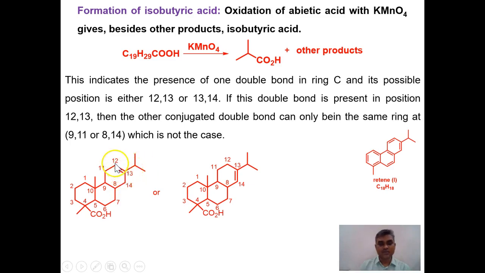One can put the double bond at the 12 and 13 carbon atoms, or at the 13 and 14 carbon atoms. Then and only then will we get isobutyric acid. So the position of one double bond is either 12-13 or 13-14, and the other double bond is conjugated with that, and please note that it forms a heteroannular diene.